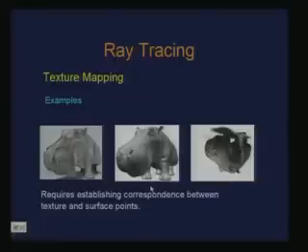Otherwise, the texture of the nose will go to the eyes in the model. You don't want that. So that's also an issue. It's not just taking the image and wrapping it around the object. You need to do more than that. You need to establish the correspondence of features. Eyes should go to eye, nose should go to nose, and so on.